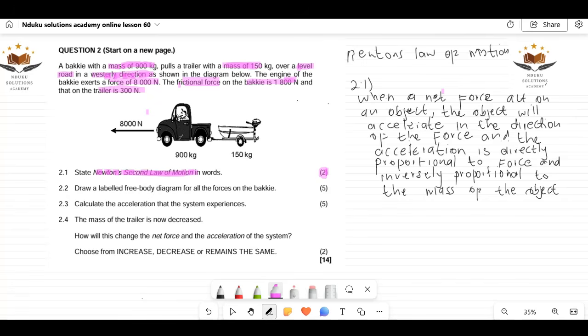So the first part, this is very important. We need to have a net force that is acting on the object. This is very important.